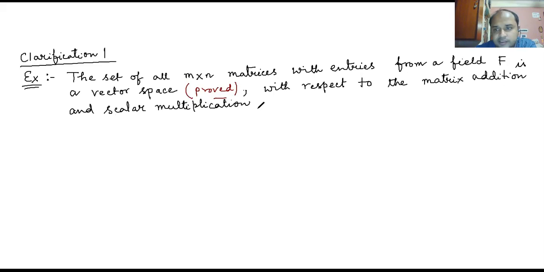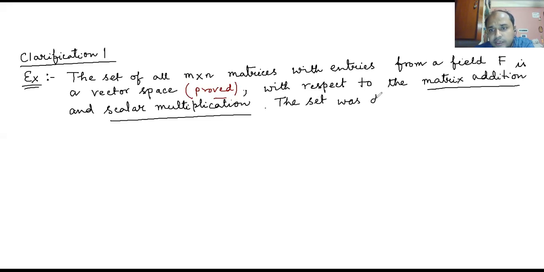These were the two operations which were defined on the set of all possible matrices. The set was denoted by the symbol M m cross n F.